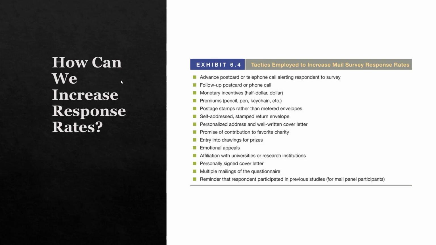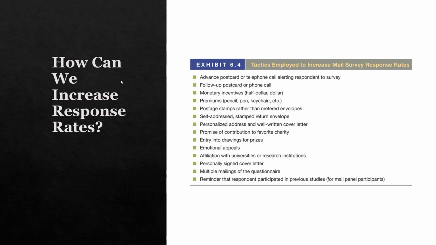And you can also give them premiums: pencil, pen, keychain, those promotional products, given to them for free. And obviously you want to make sure you put postage stamps rather than metered envelopes. Metered envelopes are obviously much less expensive, while a postage stamp makes it look like a real letter rather than mass mail.